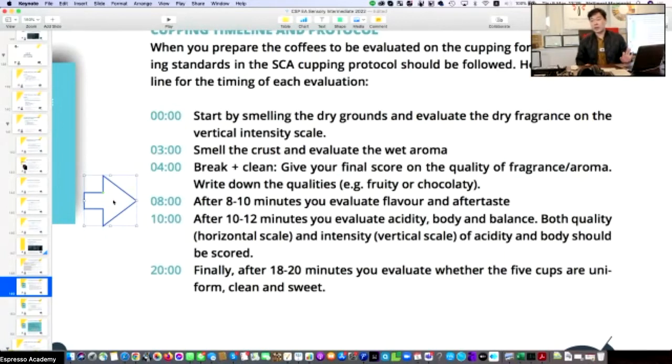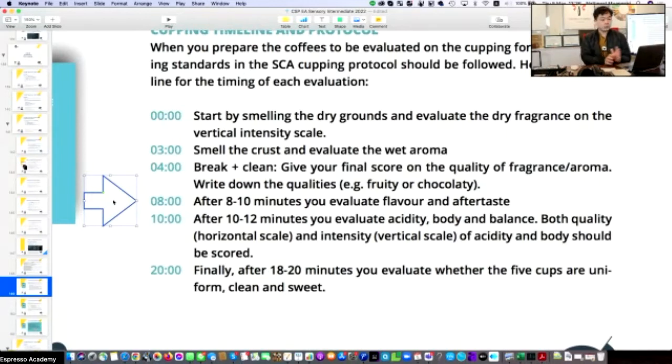Otherwise, if you follow the 8-minute protocol outdoors, your tongue will probably burn, okay? So you need to wait according to your environment too. That's why there is 8 or 10 minutes, 10 to 12 minutes, 18 to 20 minutes. It depends on your ambient environment, ambient temperature.